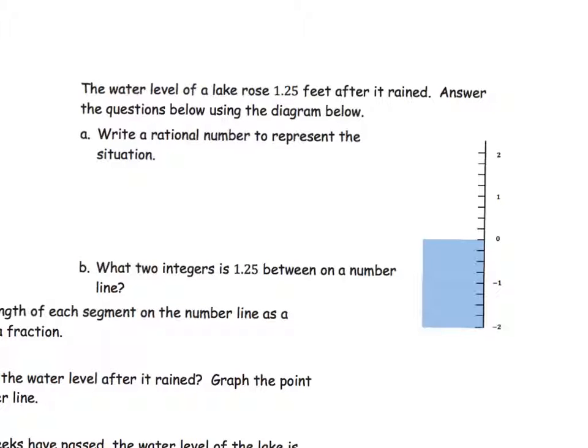So we could say 1.25, but I also know that 1.25 is the same thing as 1 1/4. And since my number line is broken into fourths, I probably would start thinking of it this way. So what two integers is 1.25 between? It would be right here, so it's between 0 and 1.